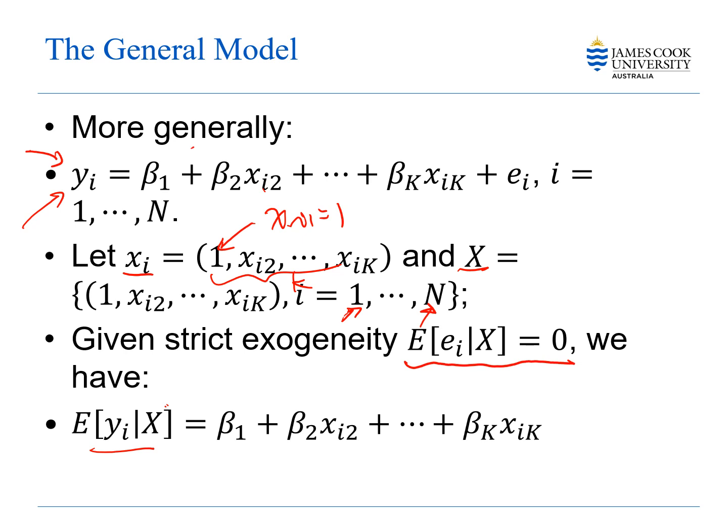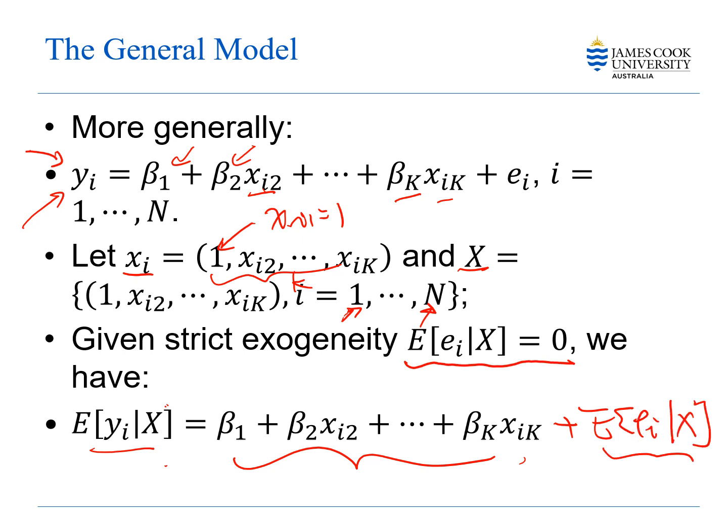So beta 1 is constant, beta 2 is constant, and we can take them out. Then we get this plus this term plus the expectation of ei, which by our assumption is equal to 0.